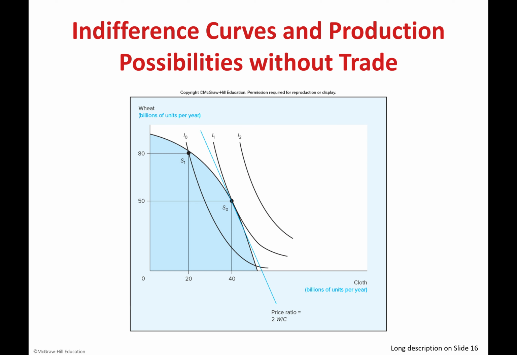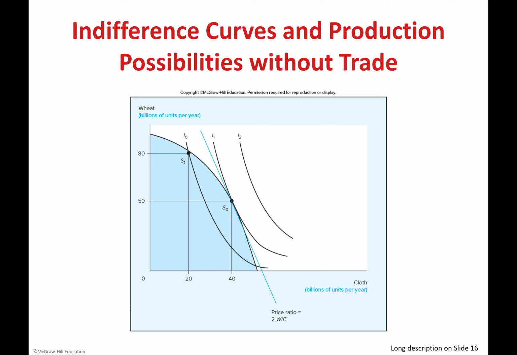What we're going to do is push out those indifference curves, because as we move those out, those refer to higher levels of happiness, higher levels of satisfaction, until one is just tangential, just touching the PPC. That will indicate in autarky the amount of wheat we should be producing, which you can see here is at S0, in other words 50 units of wheat and 40 units of cloth.